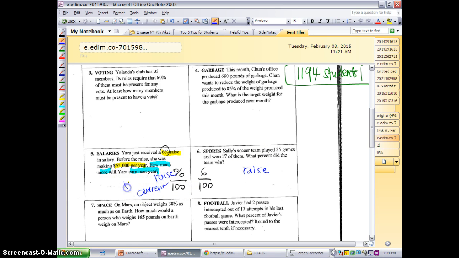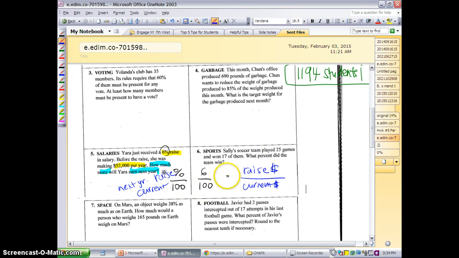Her raise would be represented by how much more she'll earn next year, and the current will be the year right now that she's getting money for. So we're going to look for how much money she has for a raise, and then her current amount of money would be in the denominator, since the 100% represents what she's currently getting.